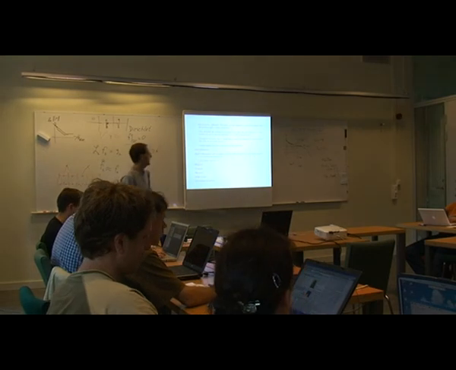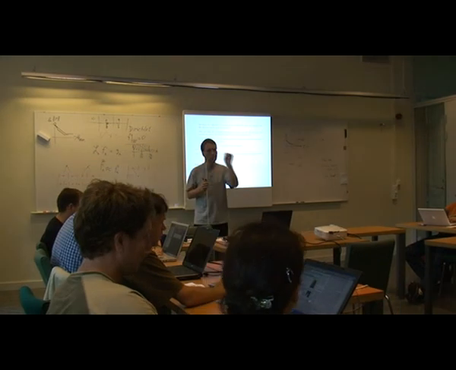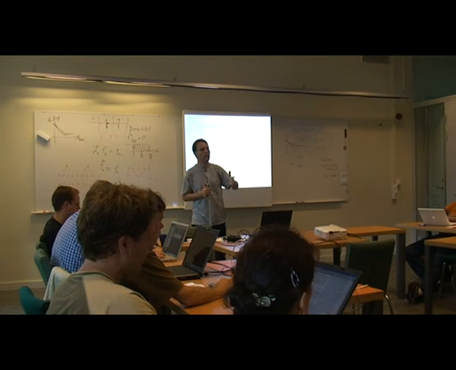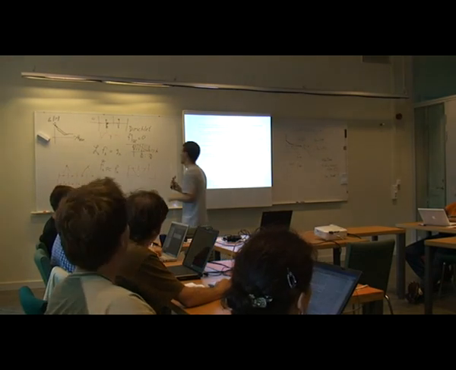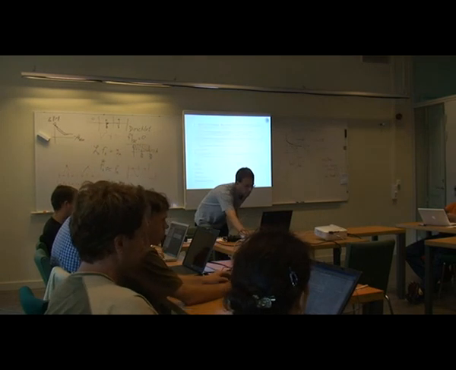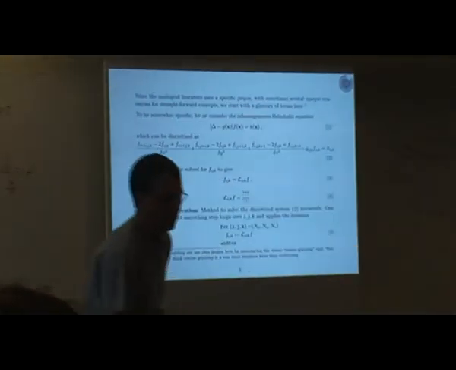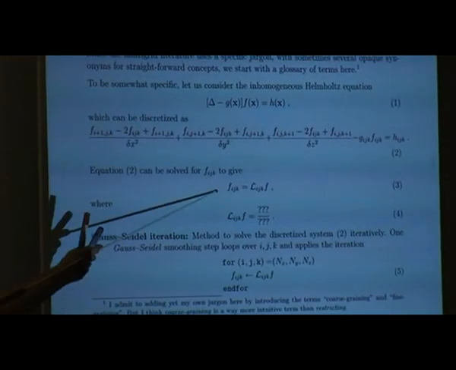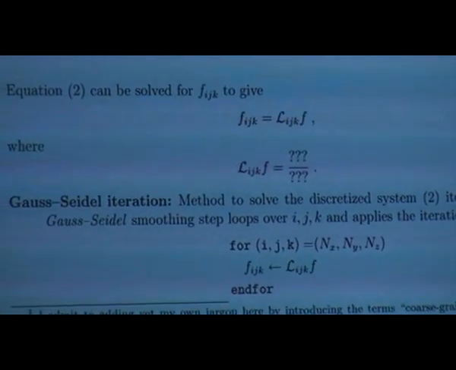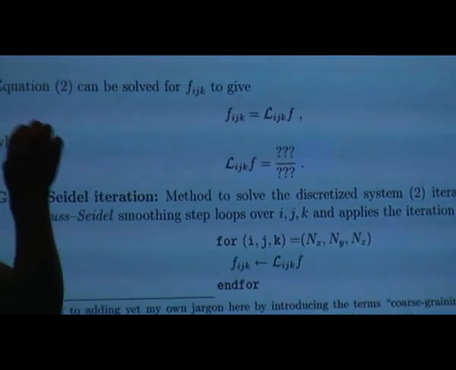An alternative is line relaxation or plane relaxation, where you don't do the iteration point by point, but you solve on a line or a plane at a time. When you have the discretized version of your equation, instead of solving on a zero-dimensional subspace, here we're just solving for the very point that we're using to scan through the volume.